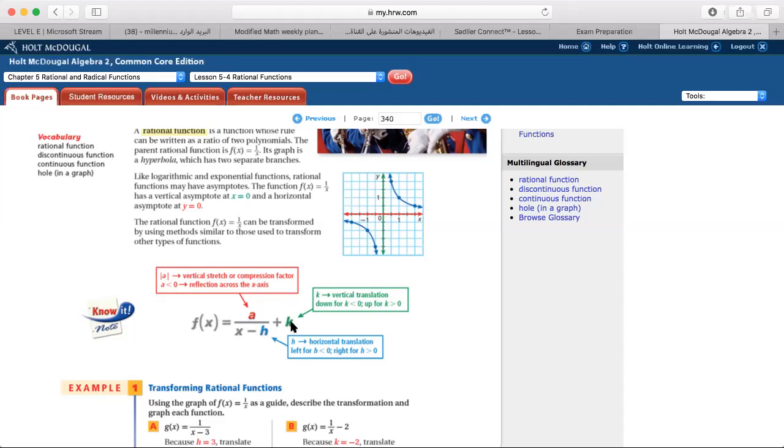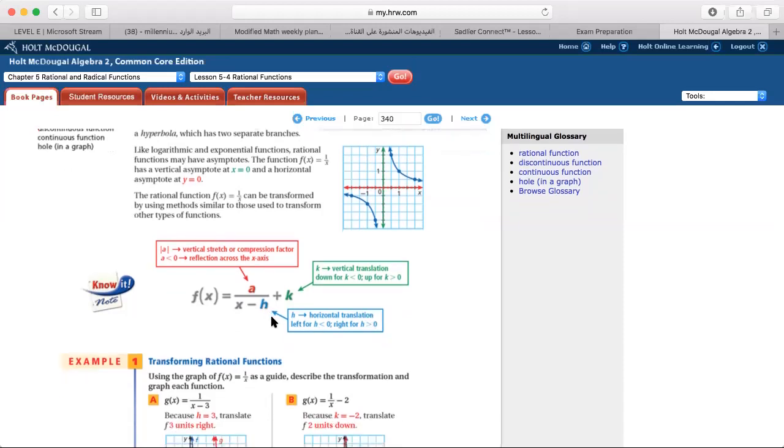What about k? k represents vertical translation. It will be down if k is less than 0, and up if k is greater than 0.